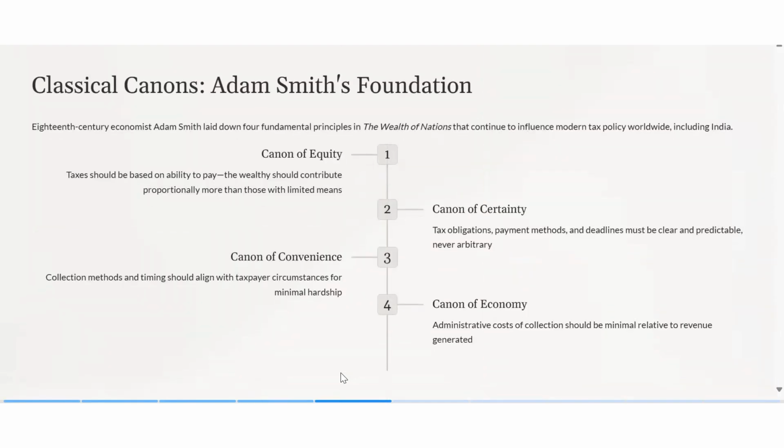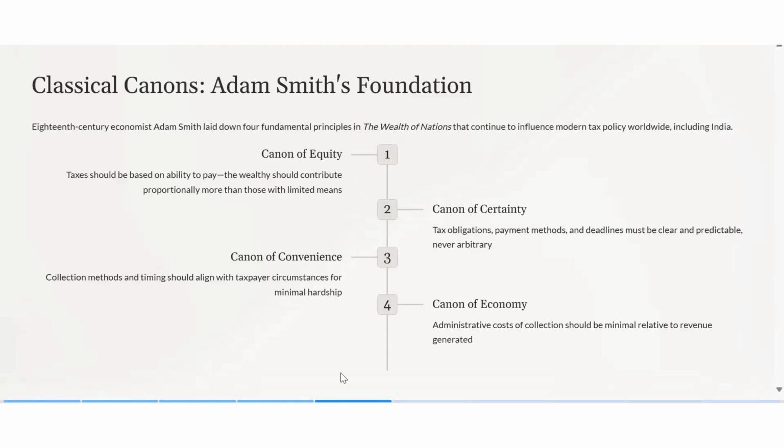Now coming to the principles of taxation on which basis tax collection laws have been formulated. Adam Smith is one of the most popular names when it comes to naming any economist. The 18th century economist Adam Smith laid the foundation of four fundamental core principles in his very famous work, Wealth of Nations, that continue to influence modern tax policy worldwide.